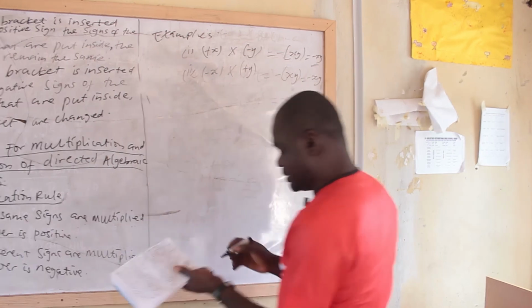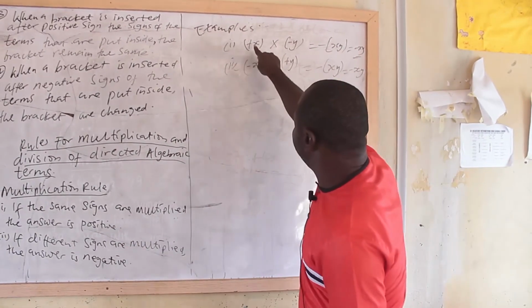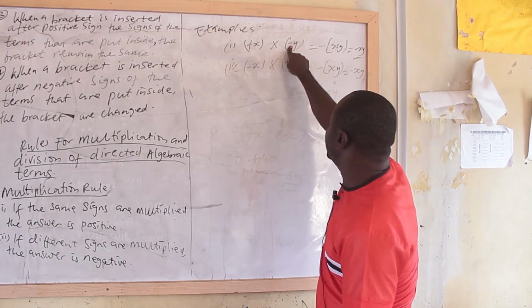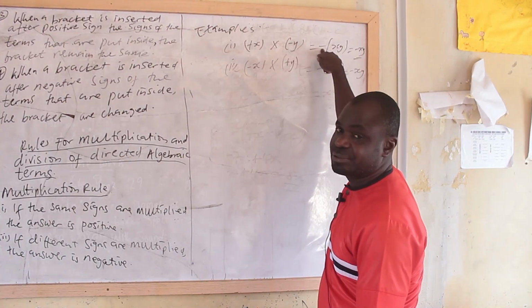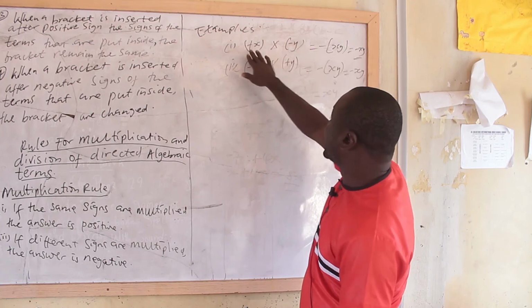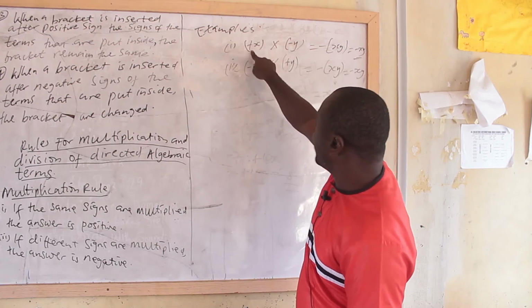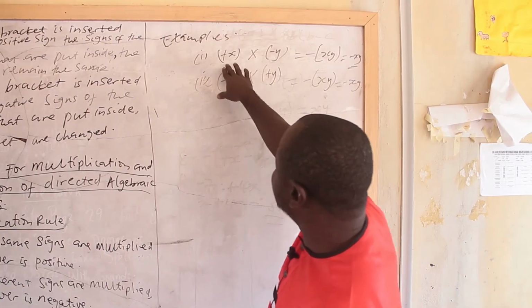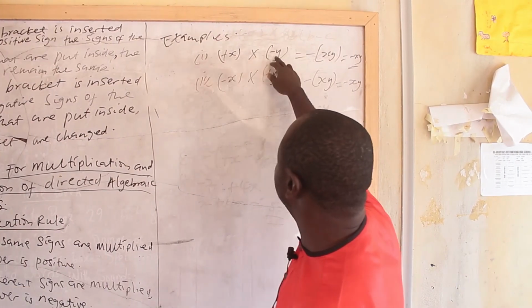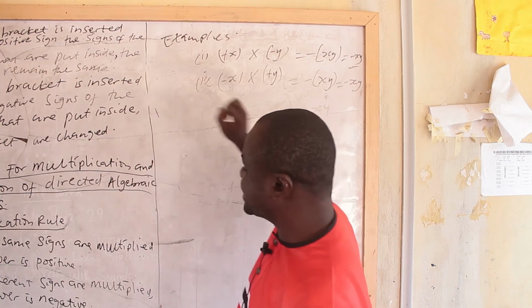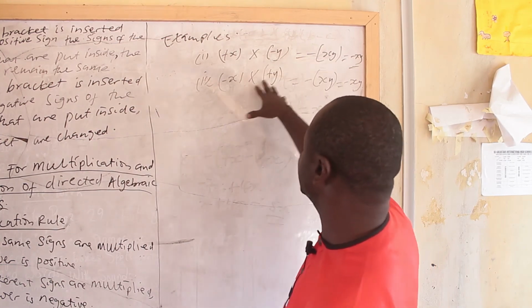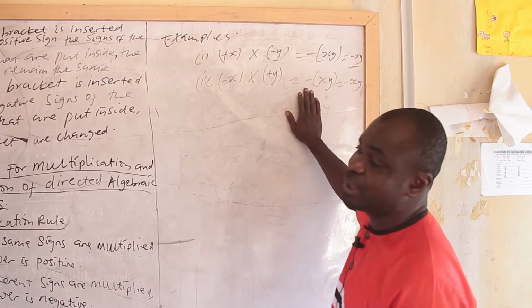You can now see that this plus sign multiplies the minus sign, and the answer is still minus, because they are different signs. The positive and negative are different. That means that anytime the positive is multiplied by the negative, that's different signs, the answer must be negative. And anytime the negative is multiplying the positive, the answer is still negative.